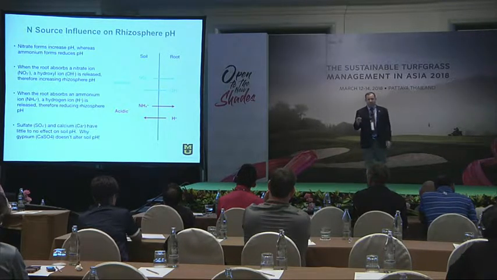But the story here is that when you put an ammonium-based fertilizer down, like ammonium sulfate, you are correspondingly reducing the pH of your soil, or that area in particular right around the root. Because the root has to kick out a hydrogen ion to take up that ammonium. And by doing so, it makes that area around the root acidic.